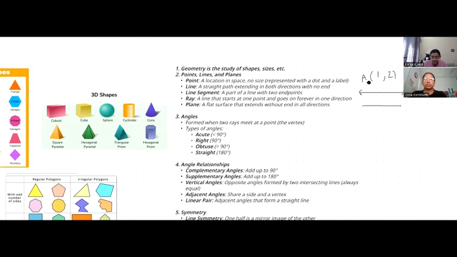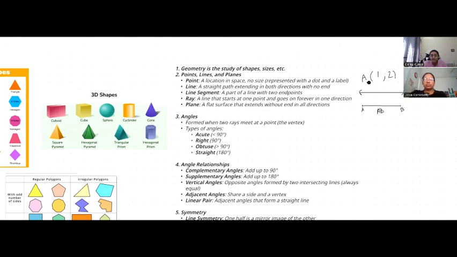The ending points, I'm going to have as two small dashes. Let's call this point A and point B. So this line segment will be called line segment AB. And that is how you write line segments.